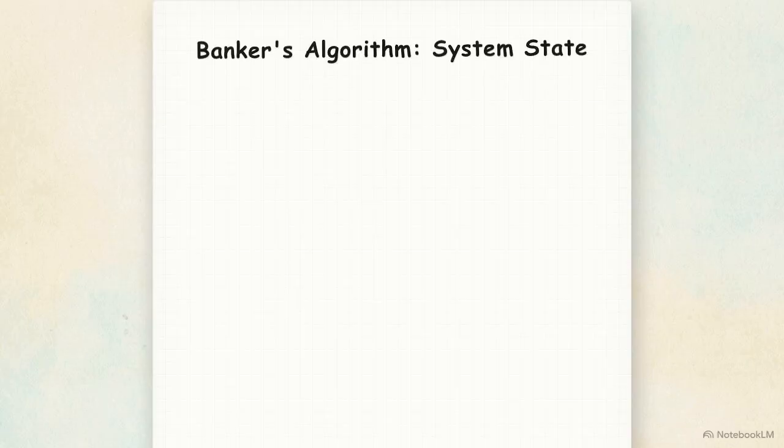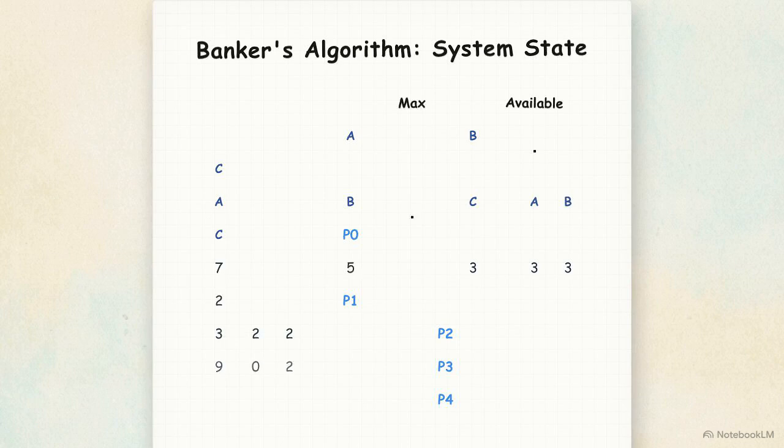To model this environment, we represent the system state using 4 data structures. Using the parameters from the Galvin textbook, we look at a system with 5 processes, P0 through P4, and 3 resource types, A, B, and C. We track unassigned inventory with the available vector. In this case, there are 3 units of resource A, 3 of B, and 2 of C currently idle in the system.